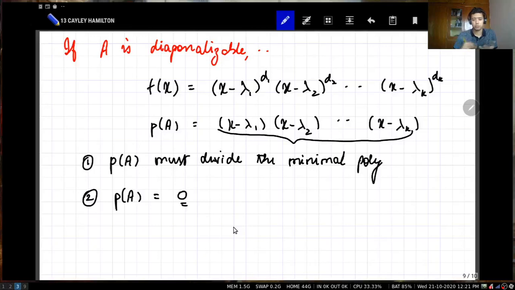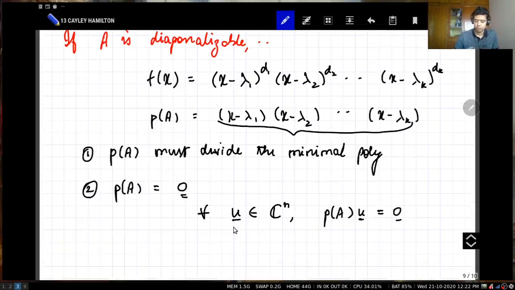If P of A equal to 0, then one way to prove this is that for all u in R^n, or C^n, P of A times u equals the zero vector. So if this happens, then P of A must necessarily be equal to the zero matrix, right?